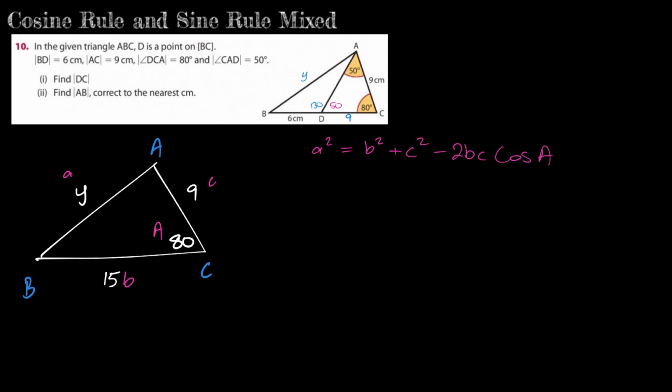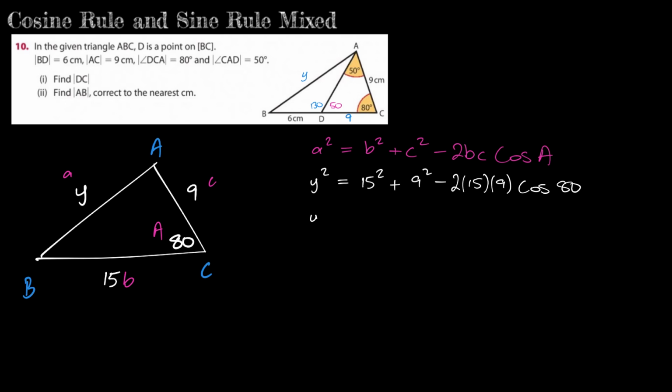So we'll fill this in now. Instead of a, I'm going to put in y to be squared is equal to, instead of b, I'm going to put in 15 to be squared. Instead of c, I'm going to put in 9 to be squared, minus 2 times b. Instead of b, like I said, I'm going to put in 15. Instead of c, I'm going to put in 9. And the cos of the angle is going to be the cos of 80.